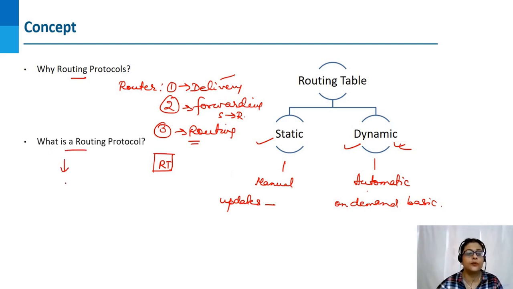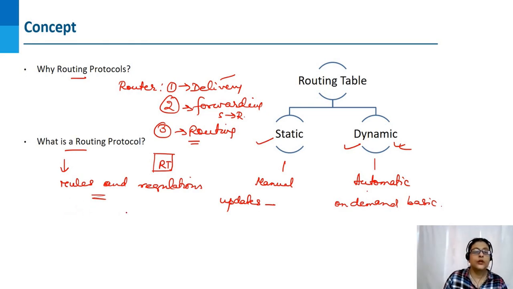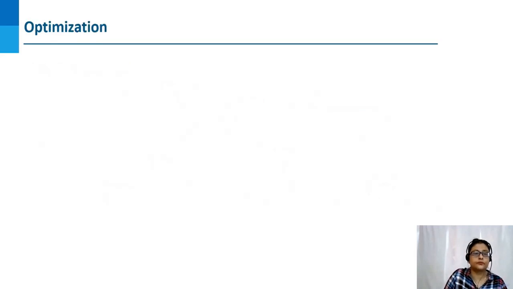A routing protocol mainly consists of rules and regulations that must be followed by a particular routing algorithm so that packets may be delivered to the destination from the sender in an efficient manner. If there is a change in the internet configuration, that must be updated in the routing table and hence the forwarding is done. So this is a routing protocol.